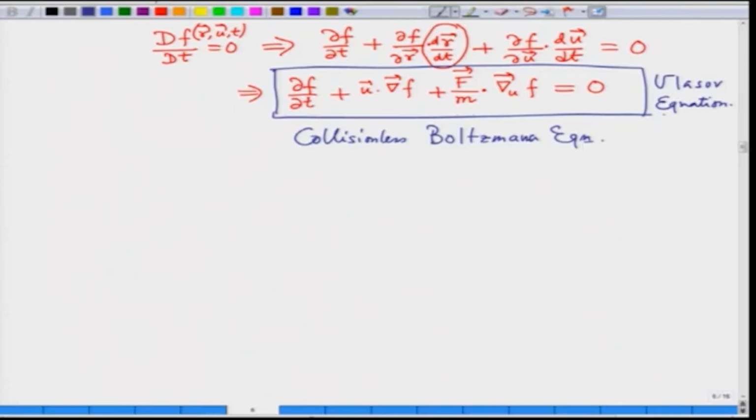Because we could use the Liouville's theorem and hence derive this only for collisionless gas. As you will see that I will discuss next, if the system is not without collision, that means with collision, then the right hand side is no longer 0. Okay. Thank you.